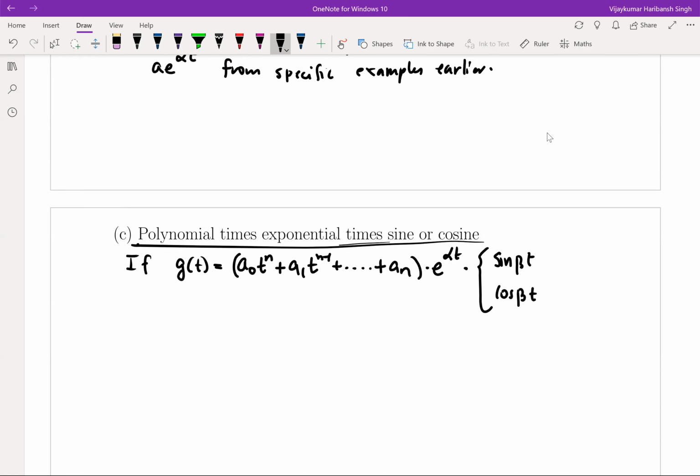In both cases, we take yp of t to be t to the power s again, A0 t to the n. Again, these are the coefficients which are supposed to be determined. Note that this is small a0, this is capital A0. So these are distinct, these are different.